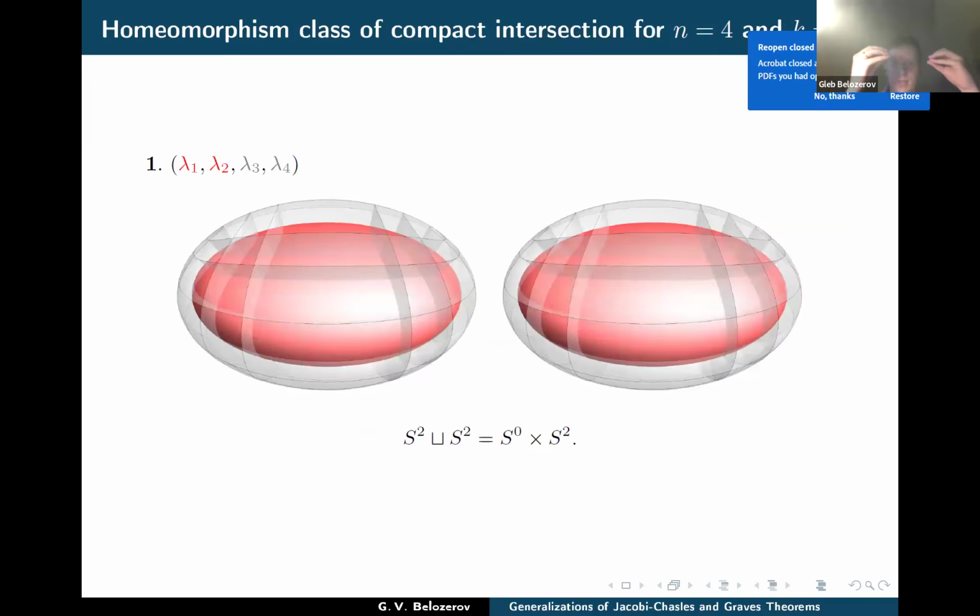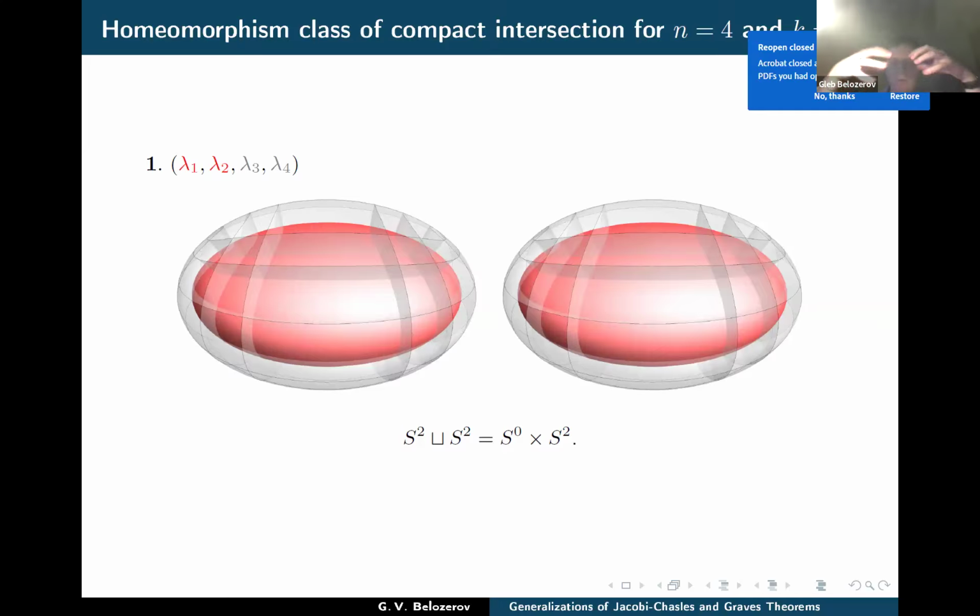So if we consider a compact intersection of two confocal quadrics, we need to fix the first elliptic coordinate because this coordinate corresponds to the ellipsoid. If we fix coordinate lambda 2 in any region, we obtain a two-dimensional sphere.